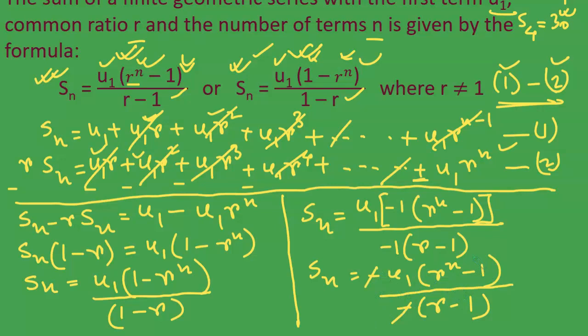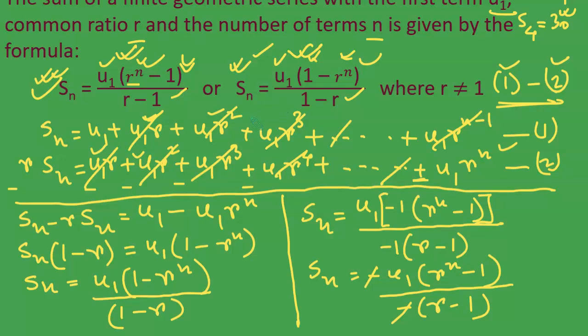So now you see you are getting this form. These are the two forms of the same equation, the sum total of the first n terms of a finite geometric series. Let us now start with the questions based on this topic.